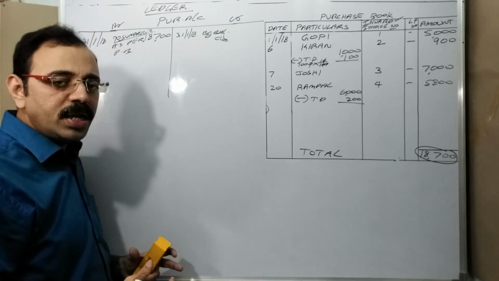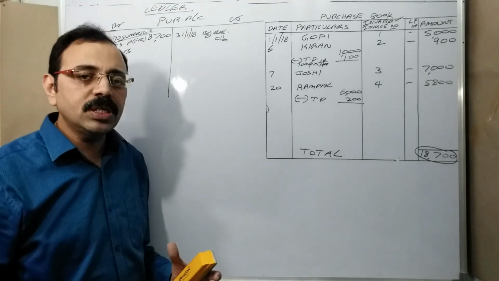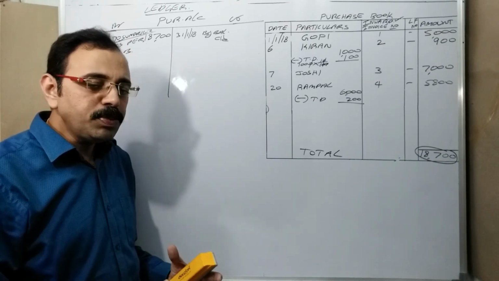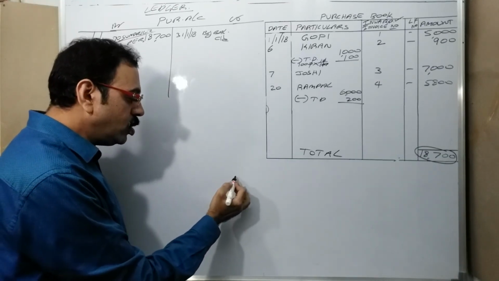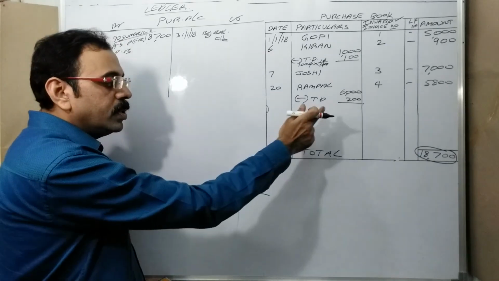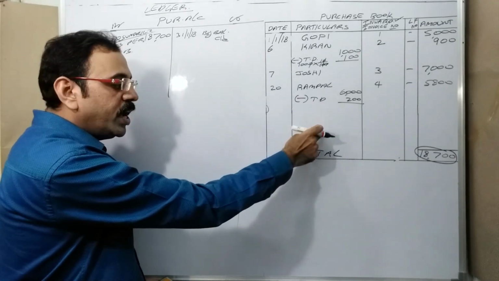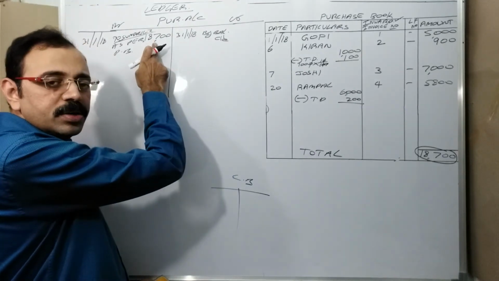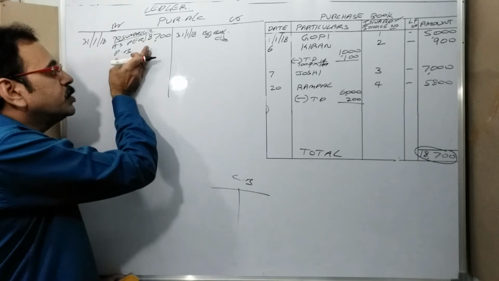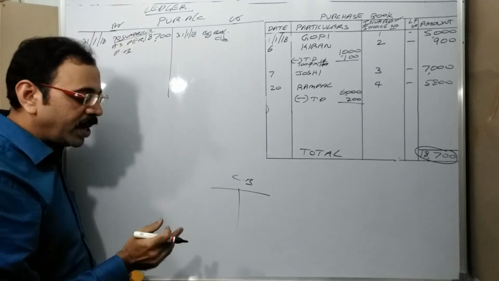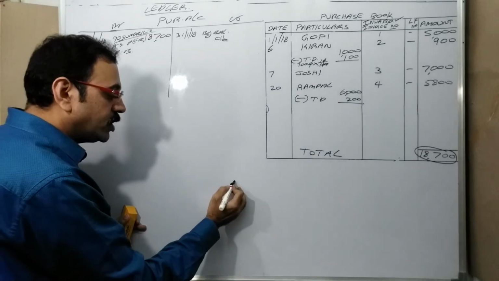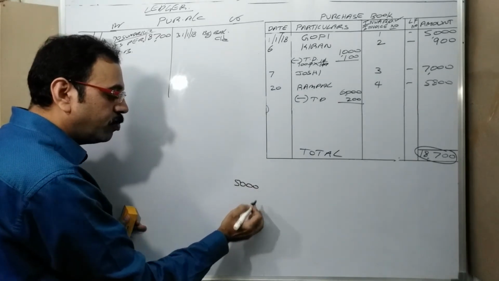But in any organization, not only credit purchases, cash purchases are also common. Those cash purchases are in the cash book. From the purchase book, we are taking the credit purchase value here. Similarly, from the cash book, we should take the cash purchase value also. For example, goods purchased for cash, 5,000 rupees.